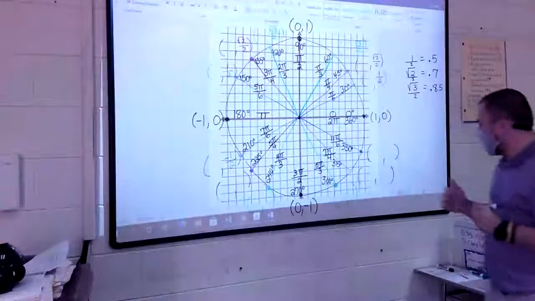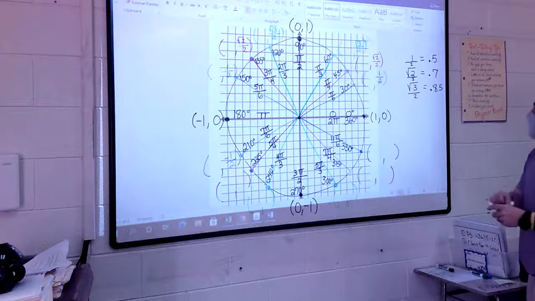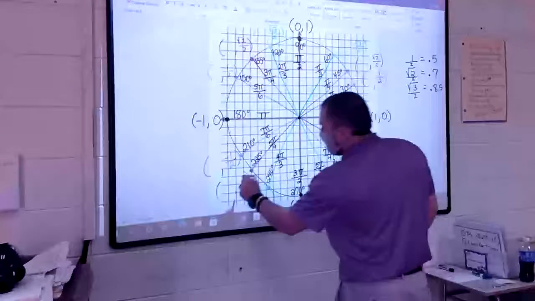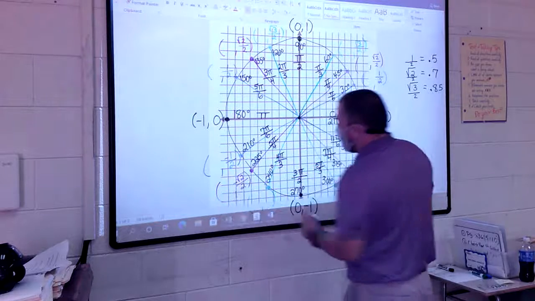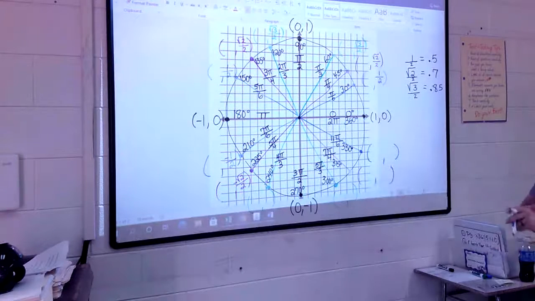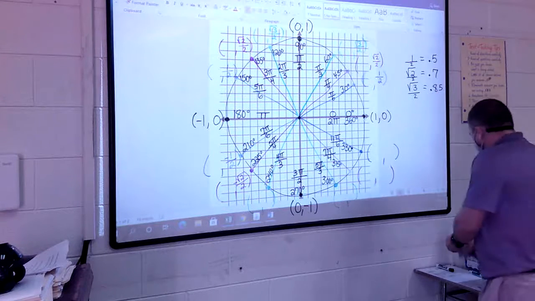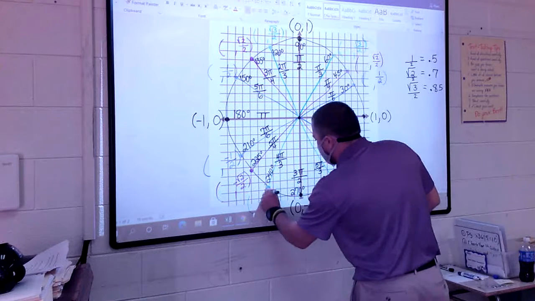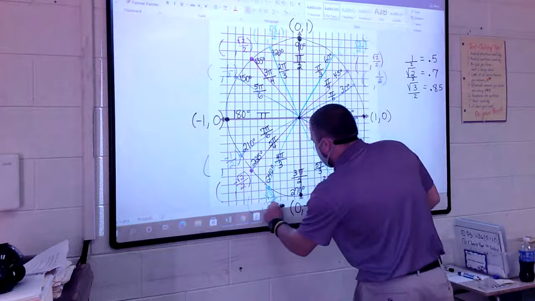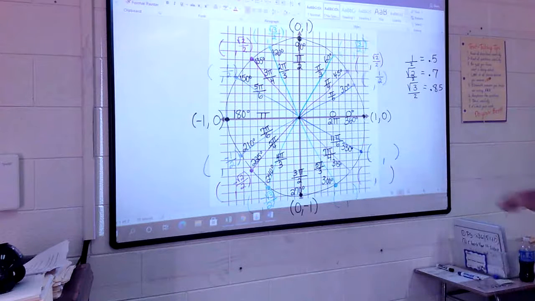If you go a little bit lower than negative 1/2, you're going to be at negative square root of 2 over 2. If you go a little bit lower than negative square root of 2 over 2, now you're going to be at negative square root of 3 over 2. If you go a little bit lower than negative square root of 3 over 2, now you're at negative 1.